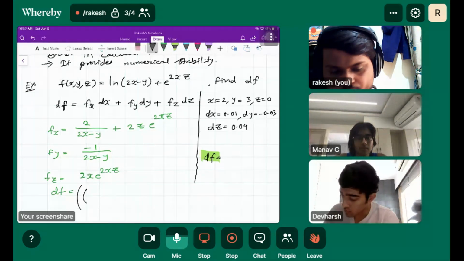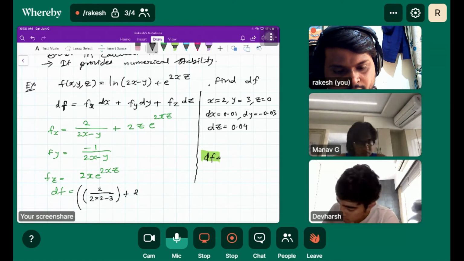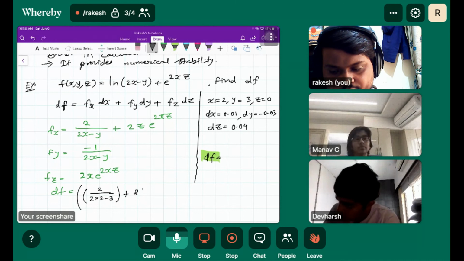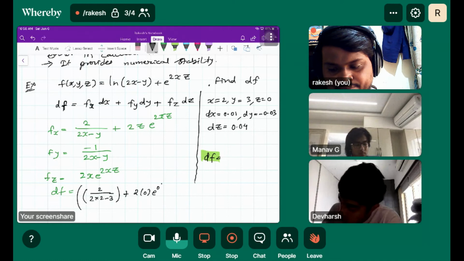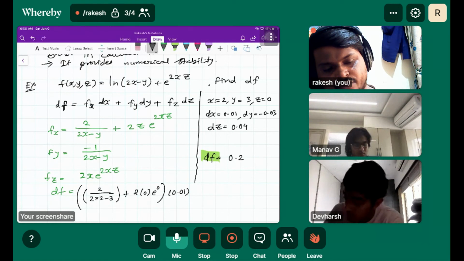So let me substitute also: 2 by 2 into 2 minus 3, plus 2 times... z is 0, so it becomes 0. Whatever the e term, the answer is 0.21.